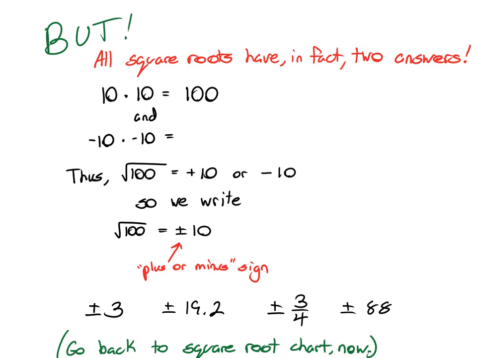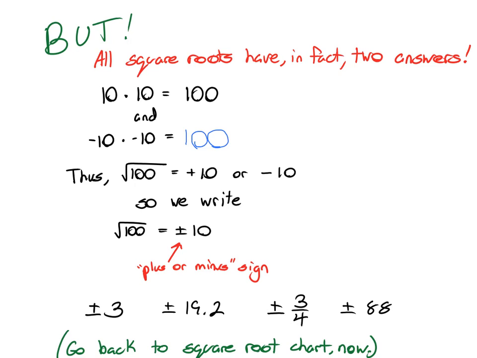Well, what are the 2 answers? We know that positive 10 times positive 10 gets me 100. But what we have known for a while is that negative 10 times negative 10 gets me what? Negative 100? No. A negative times a negative is a positive. So negative 10 times negative 10 is 100.